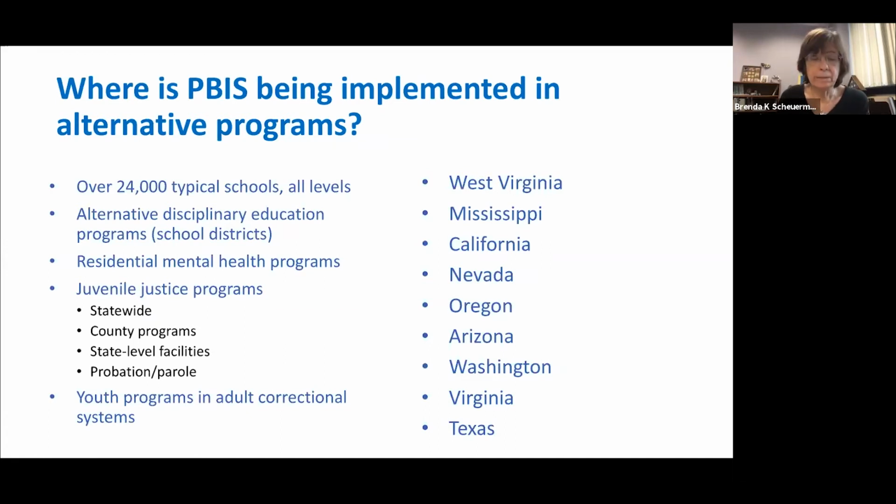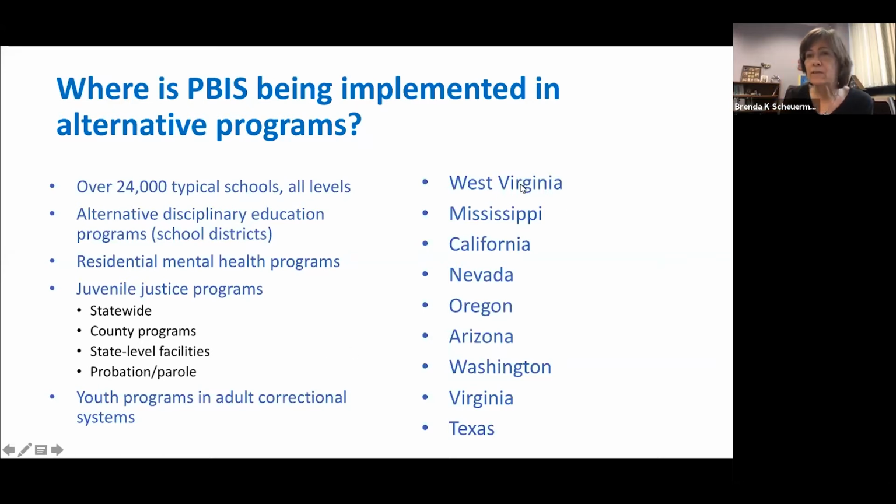PBIS is being implemented in typical schools, well over 24,000 typical schools around the country. We don't have a precise count for how many alternative schools or entire districts are using PBIS, for lots of reasons. But what I know for a fact is that we are implementing PBIS in all types of alternative programs.